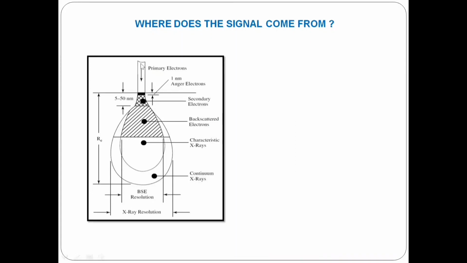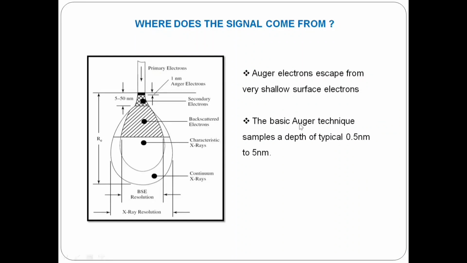If the energy of the incident electron is very high, then there is a possibility of emission of secondary electrons, backscattered electrons and characteristic X-rays. These emissions are determined by the technique SAM, that is scanning electron microscopy. Auger electrons escape from a very shallow surface, and the Auger technique samples a depth of typically 0.5 nanometer to 5 nanometer.